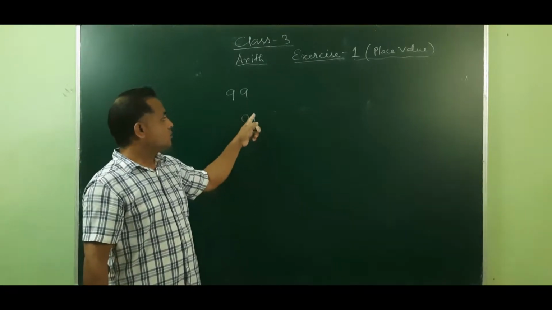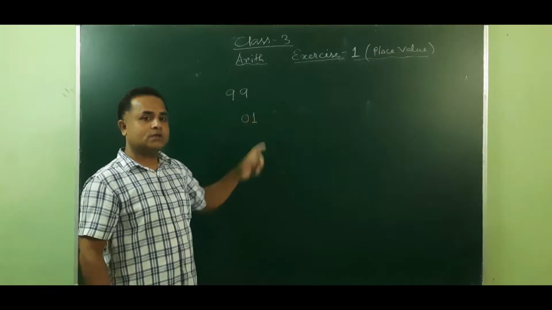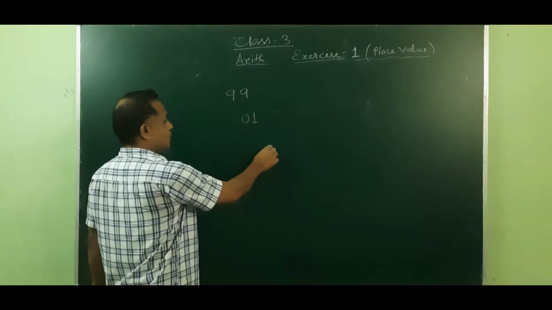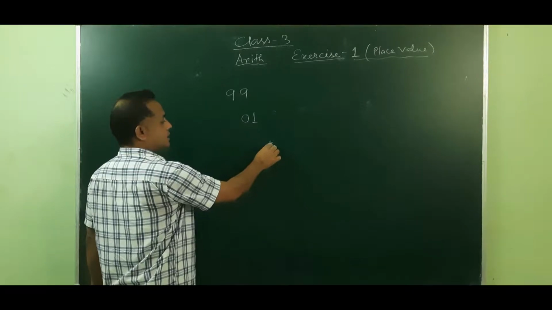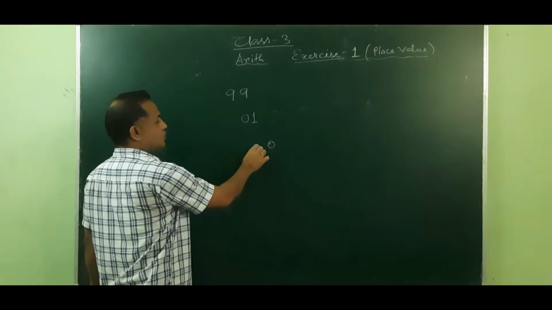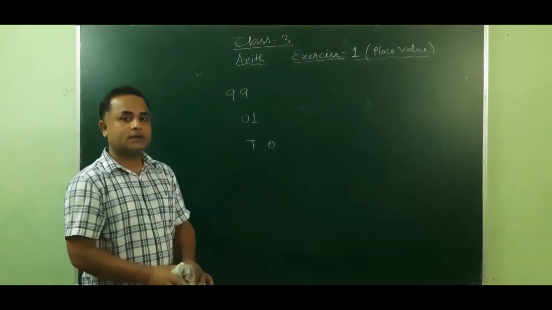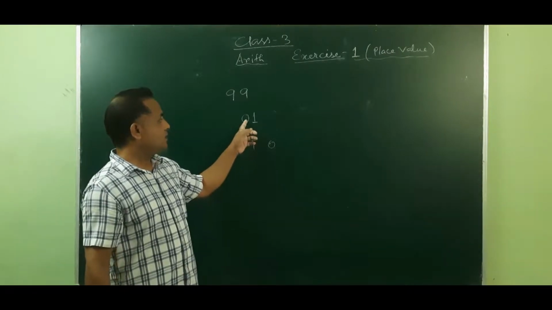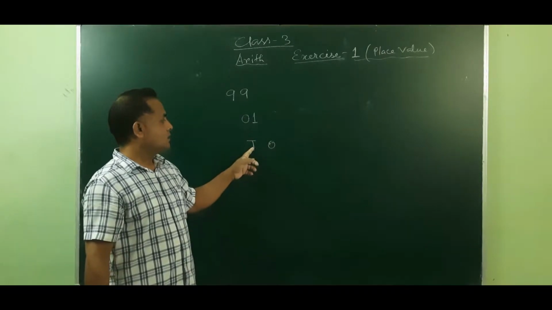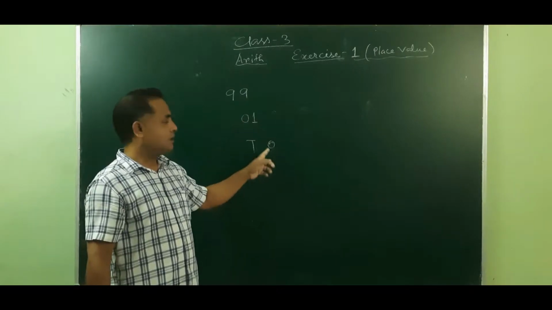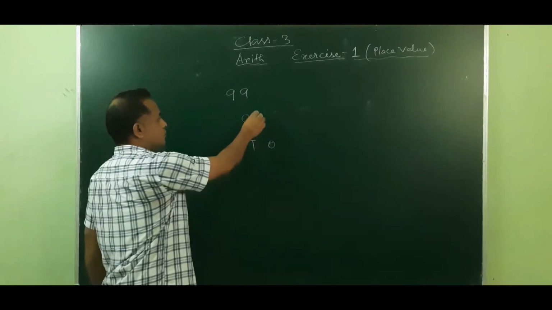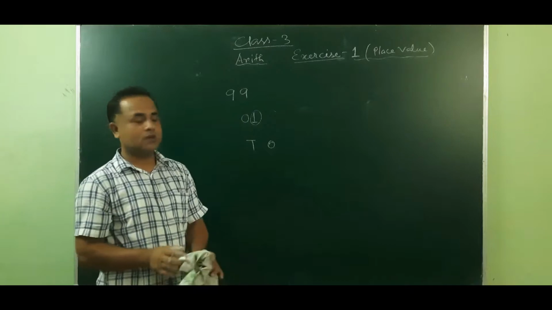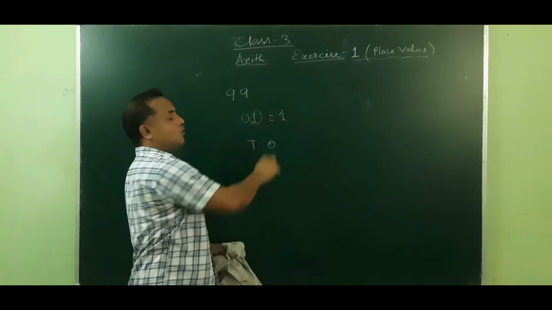Here numbers always contain 2 digits, that is the place value will be ones and tens. So if the place value in the tens is 0, then in the ones 1, it will be 1. 0, 1 means 1.